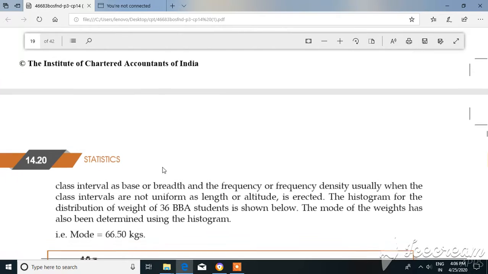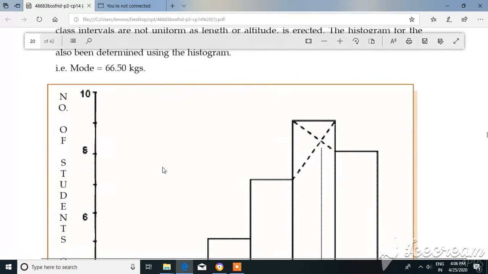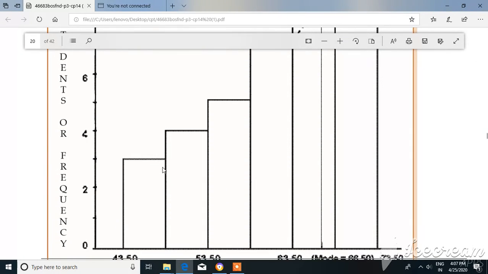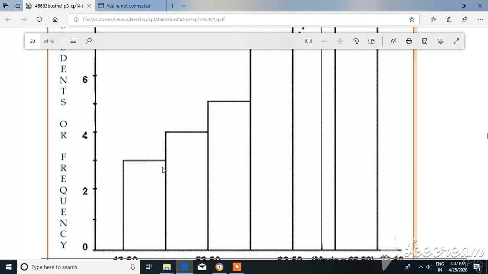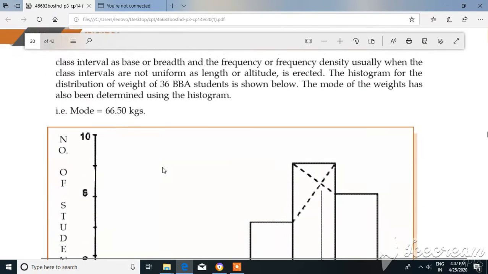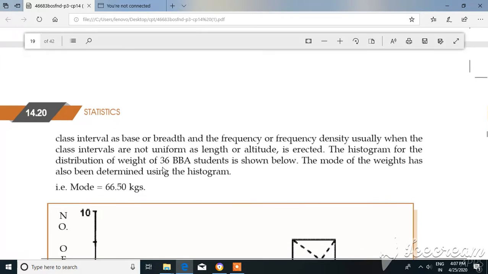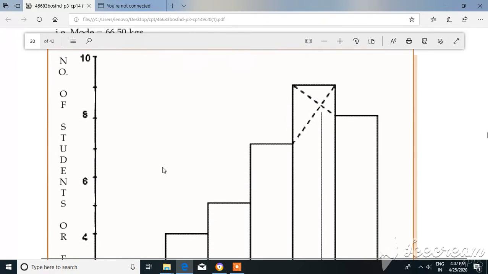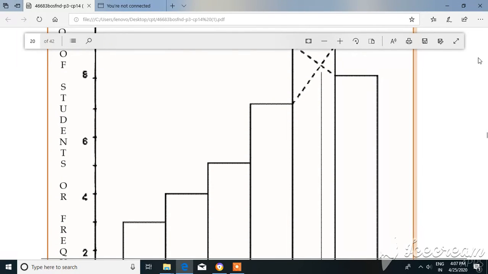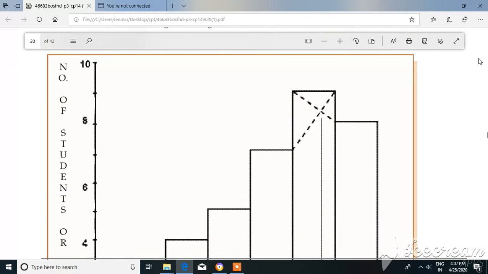Now this you can learn from this diagram. Here we have considered this bar diagram, and this is the maximum height of your bar. So how do we calculate mode from this?